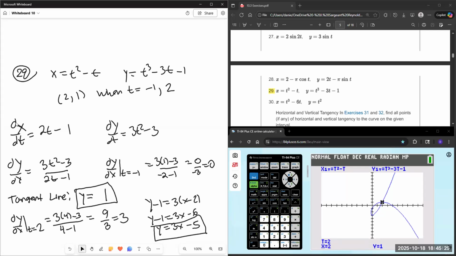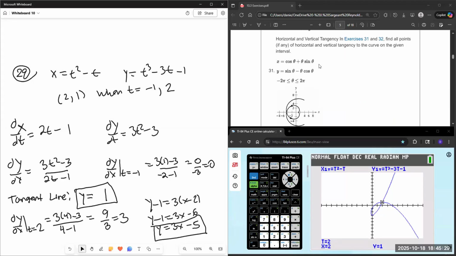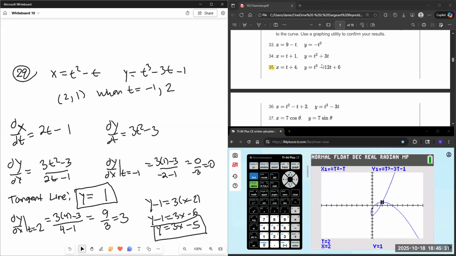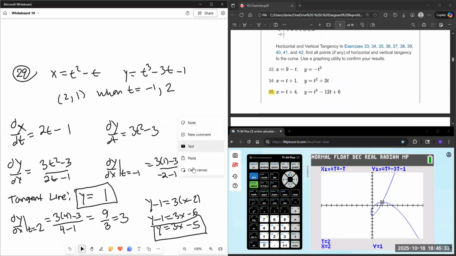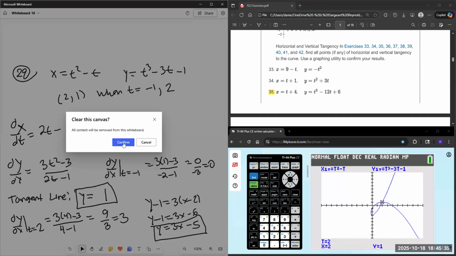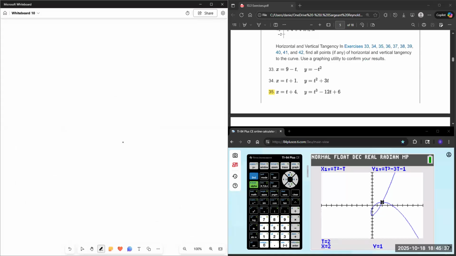Look at number 35. 35 tells us to find any places of horizontal and vertical tangency. So that's going to be where dy/dt is equal to 0 will give us horizontal tangent lines, where dx/dt equals 0 for vertical tangent lines.